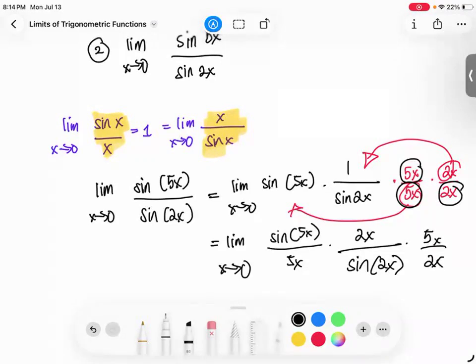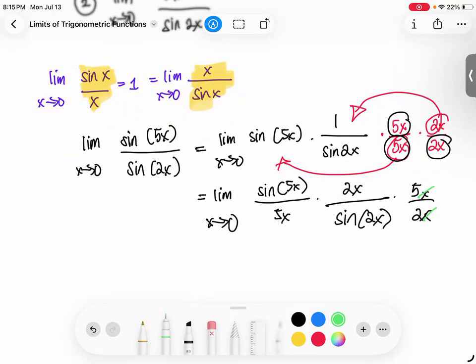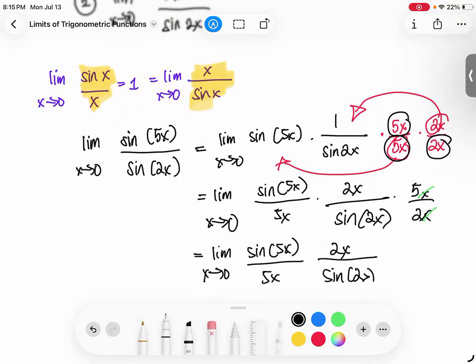Now, this will cancel these x's. So we are left with the limit of sine of 5x over 5x times 2x over sine of 2x times 5 over 2 as x approaches 0.